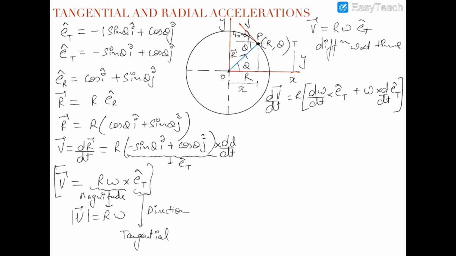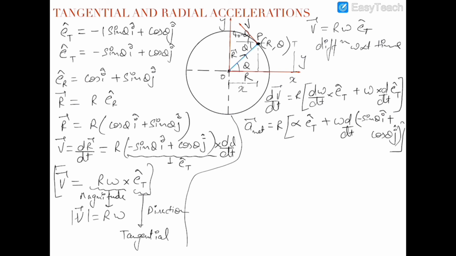Now this dv by dt is the net acceleration, this is radius r, this d omega by dt is alpha, and this is e tangential, plus this omega, and the differentiation of e tangential. Now I am writing down the e tangential. E tangential is equal to minus sin theta i cap plus cos theta j cap.